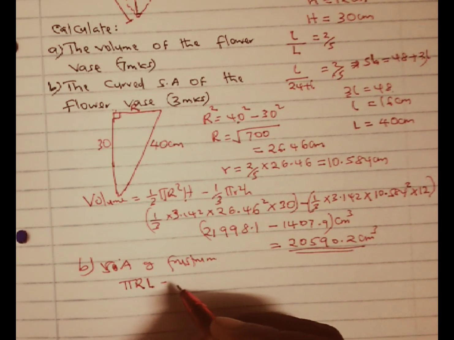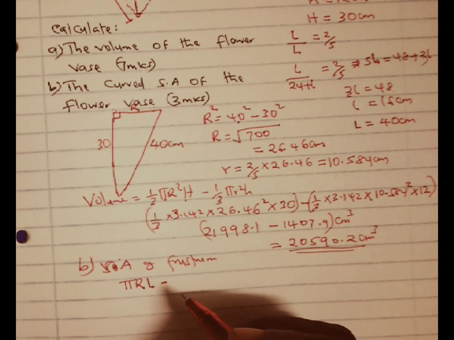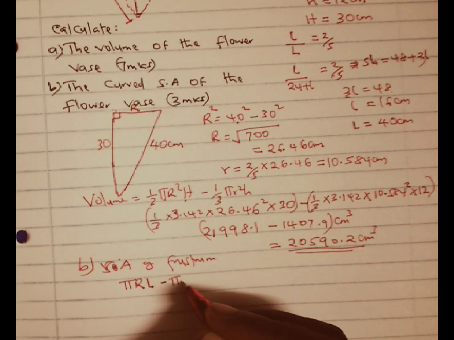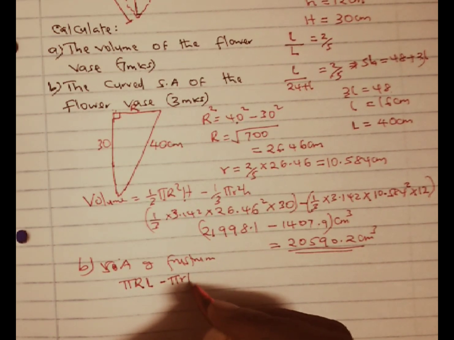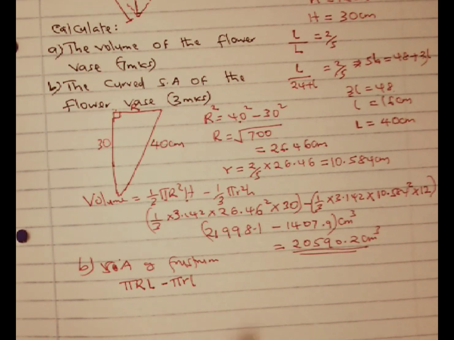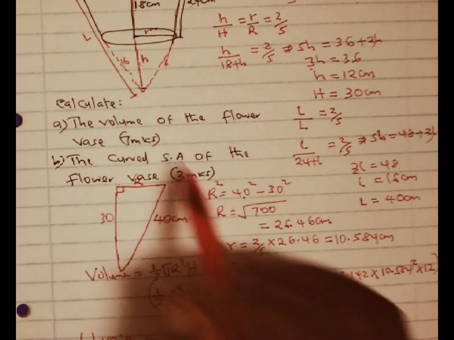Then we minus the surface area of the smaller cone, which is going to be given by pi small r. We multiply by L, which is the slant length of this smaller cone here.